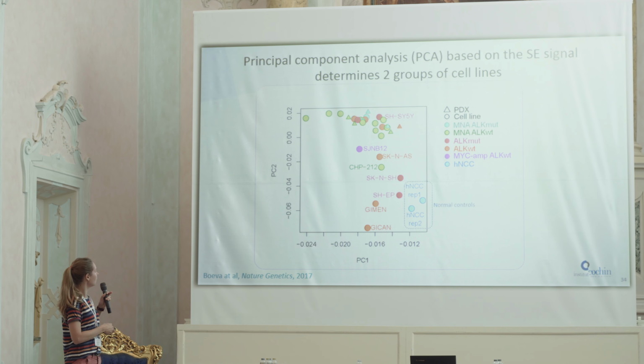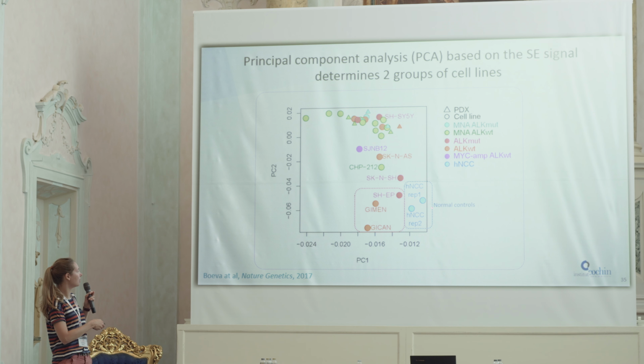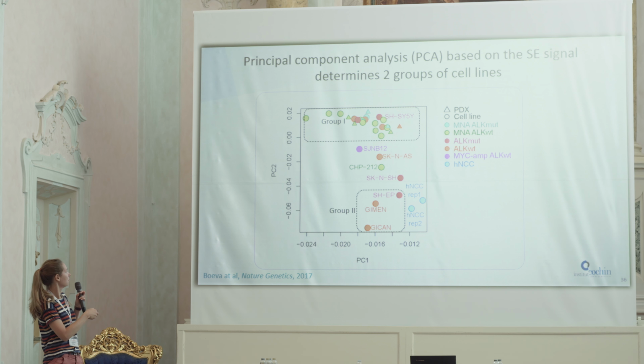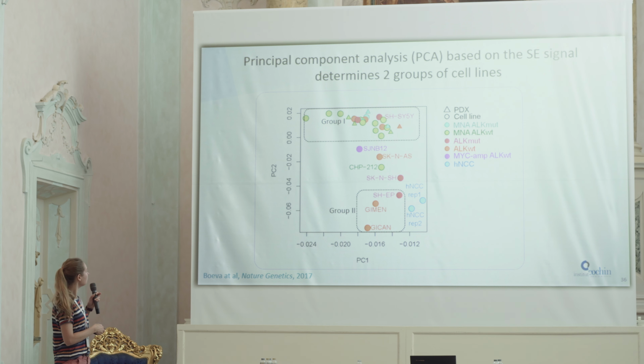So you can see that normal controls are quite apart from the majority of the neuroblastoma cell lines, but you have 3 cell lines for which the super enhancer landscape is very similar to normal neural crest controls. So we define group 1, the common group, and group 2, which we call neural crest-like cell lines.